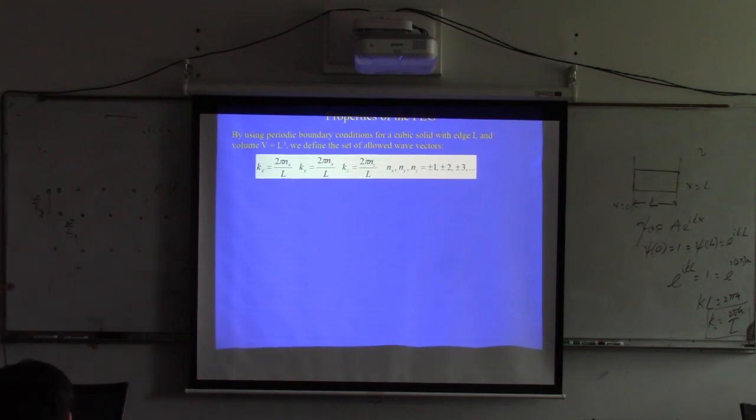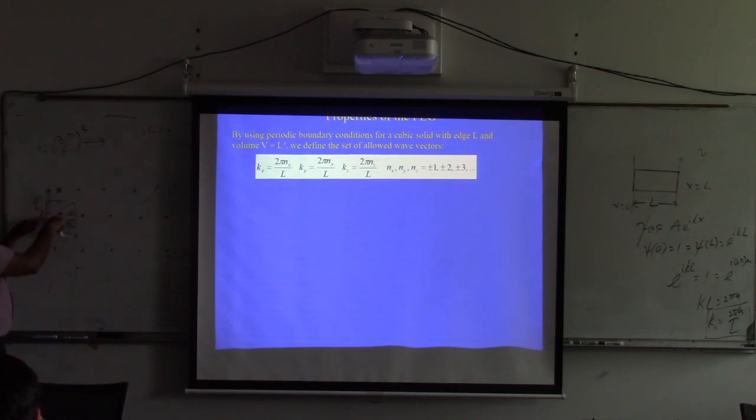So from here you can calculate just like we did before. What is the volume of this one? It's (2π over L) cubed, right? So this corresponds to one mode.